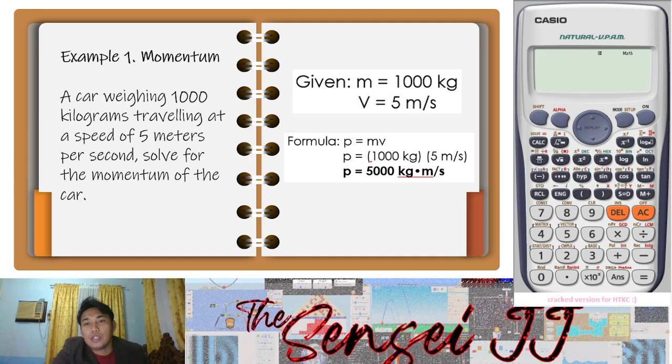Using the formula p equals mv, 1,000 kilograms multiplied by 5 meters per second velocity, we will have 5,000 kilogram meters per second momentum. 1,000 multiplied by 5 results in 5,000 momentum. Try to copy this one, and we will be moving on to the next example.